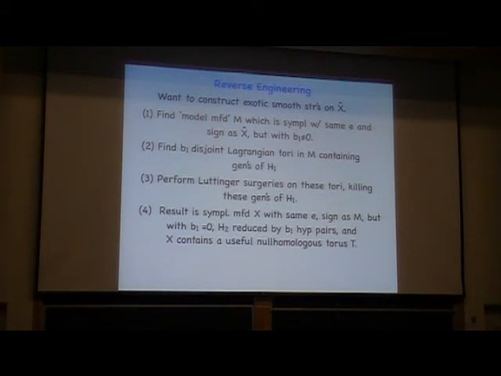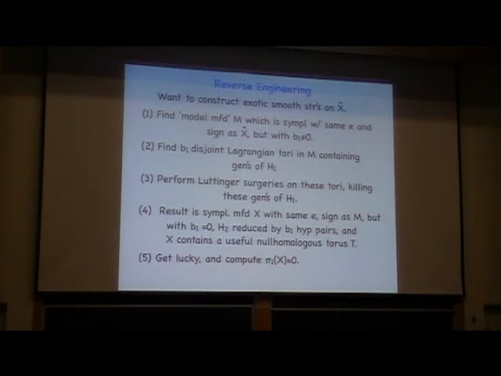And in fact, X will contain a useful null homologous torus because when you look at one step higher, the manifold you do surgery on directly to get X, that's manifold A in the previous slide where we had A and B. So X is the manifold B. The symplectic manifold one step up is the manifold A. Because b plus is one higher than that of X, so now if we're trying to construct a manifold when b plus is 1, now the X' will have b plus equals 2.